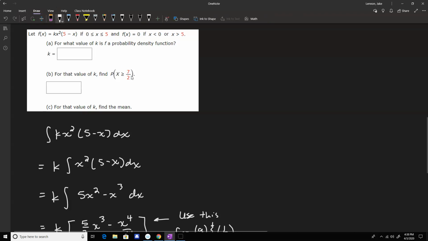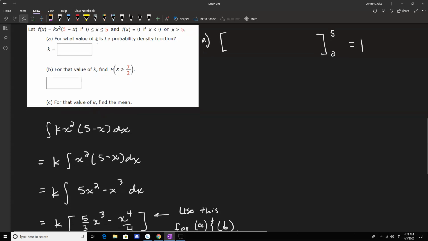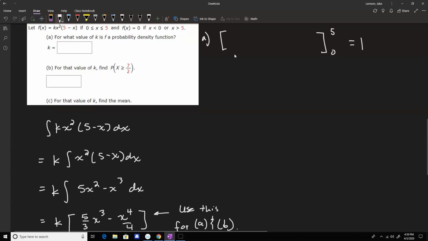And if for what value is it a probability density function, that means when you evaluate this thing from 0 to 5, it has to equal 1. So we have our expression that we just wrote down. If we go from 0 to 5, this has to equal 1. That's what it would mean for it to be a PDF.